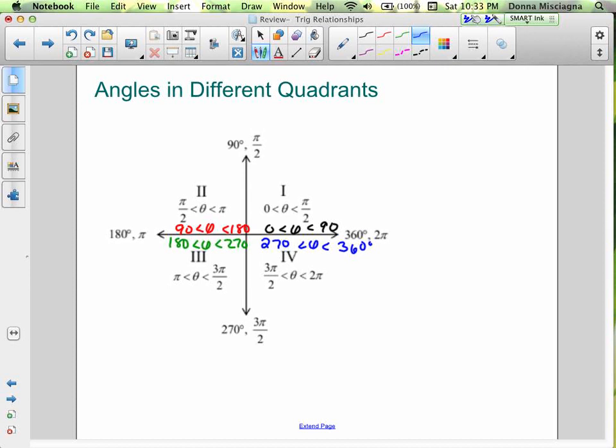Along the negative x-axis is 180 degrees, or pi in radians. If we have 3/4 of a turn, which is along the negative y-axis, that would be 270 degrees, or 3 pi halves. And if we go in a complete circle, that's 360 or 2 pi. Right, so there's our various quadrants for the different angles.